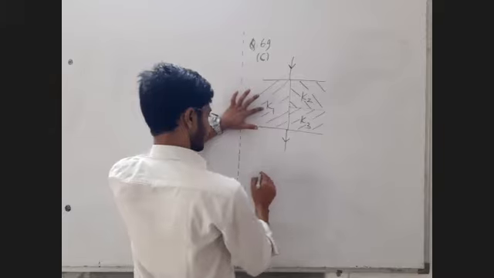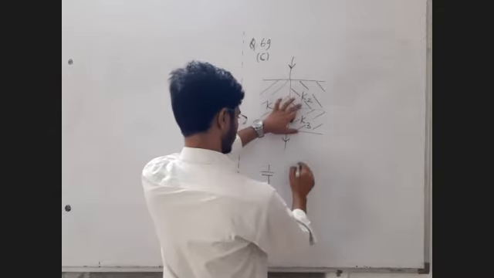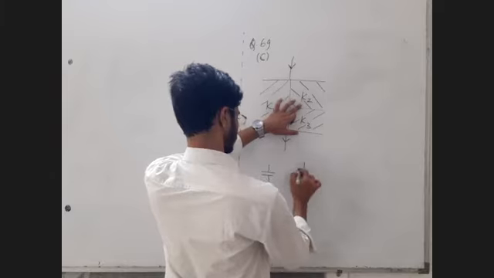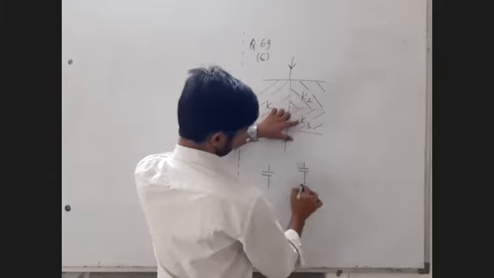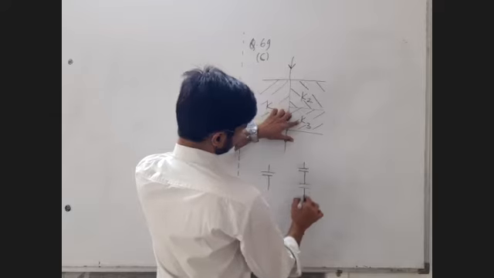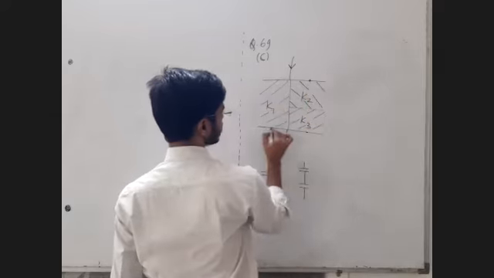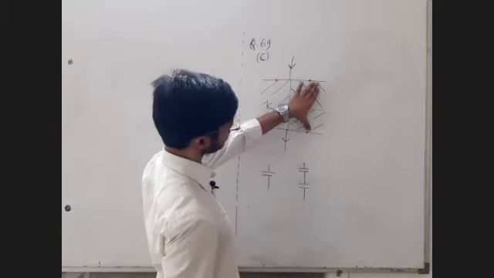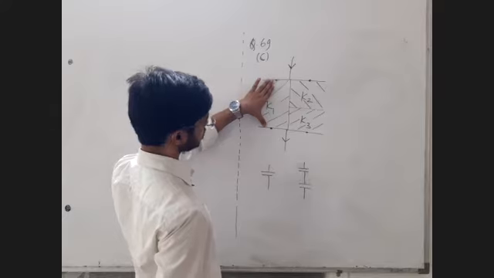Corresponding to K1, let me draw C1. Corresponding to K2, let me draw C2. With C2, C3 must be in series, and this point and this point are common with this point and this point. So whatever is in between these 2 points is in parallel to whatever is in between these 2 points.